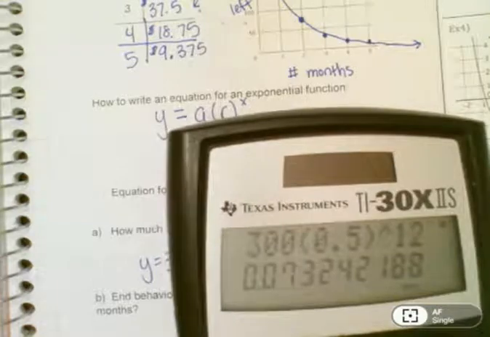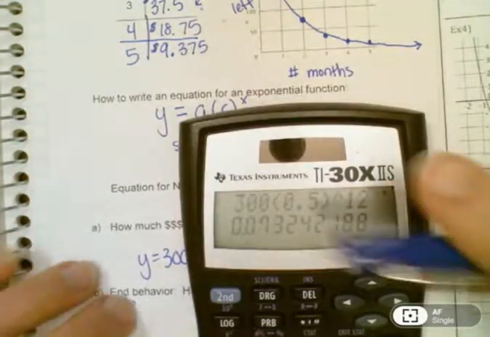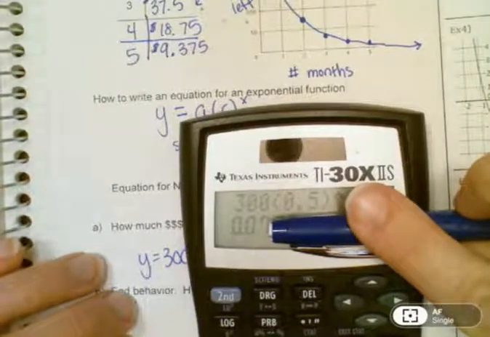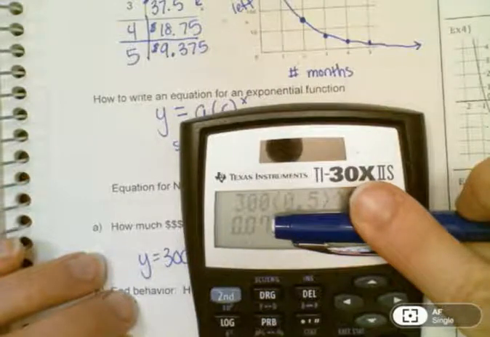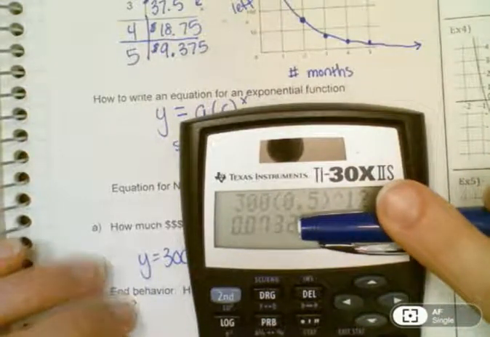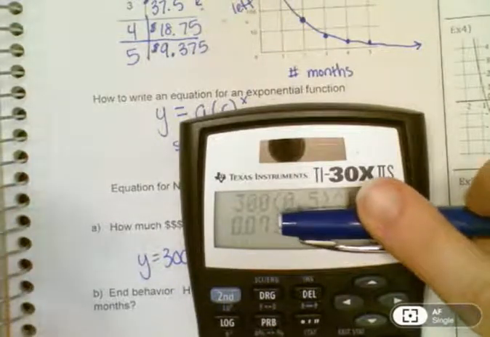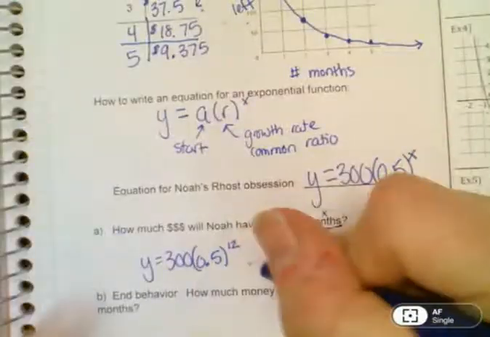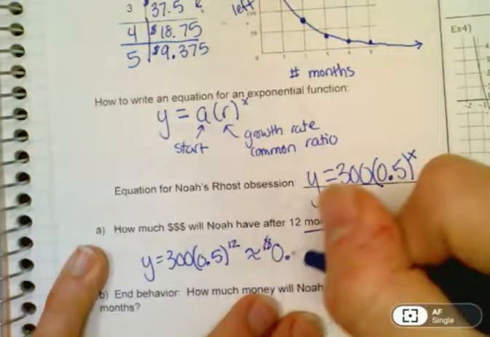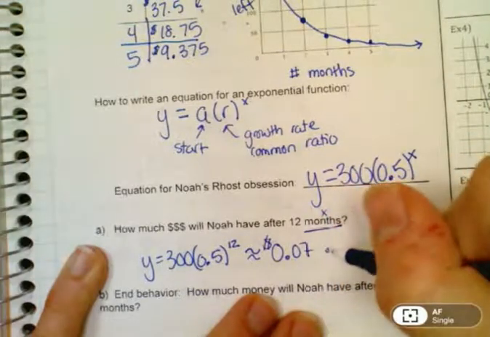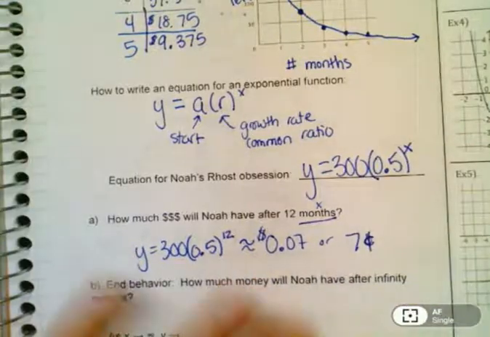And with money, we usually only look at 2 digits after the decimal, which would mean that it's $0.07. This is beyond a penny. And since that 3 is less than a 5, we wouldn't round up. So I would say this is approximately equal to $0.07, or you could just write 7 cents with the little cent symbol.